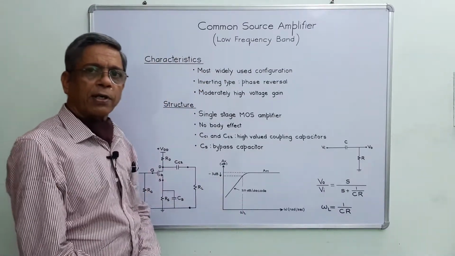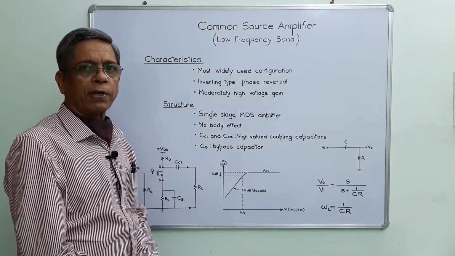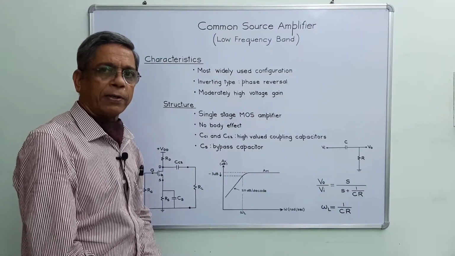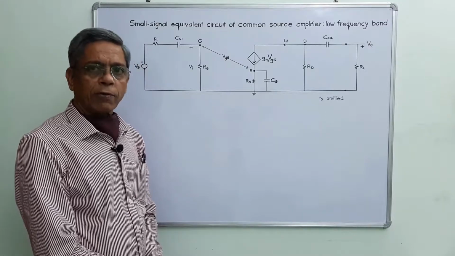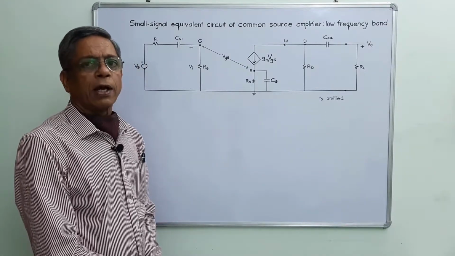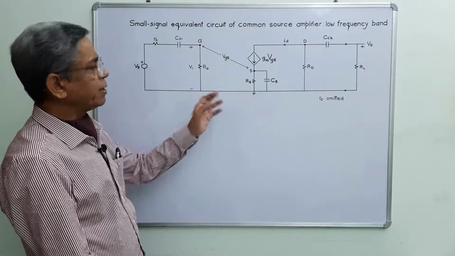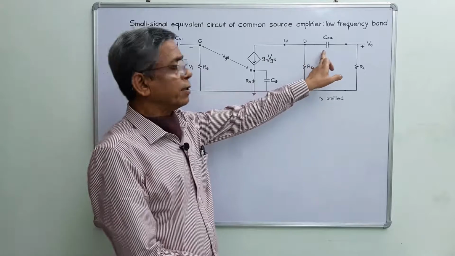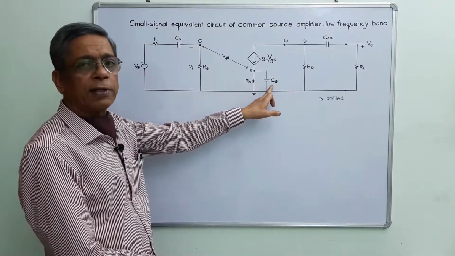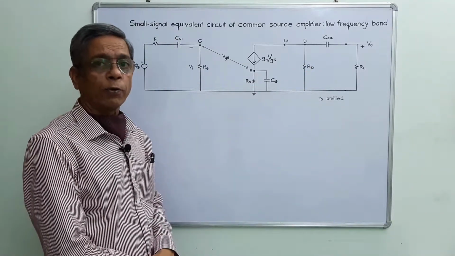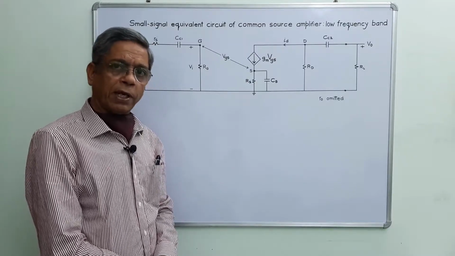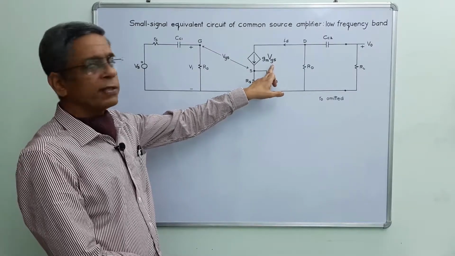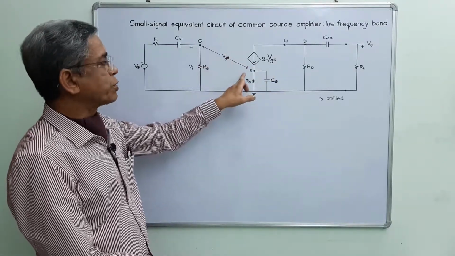On the next page, I'll be discussing a small signal equivalent circuit for common source amplifier at low frequency band. This equivalent circuit shows the presence of coupling capacitors CC1 and CC2 and bypass capacitor CS, because these three are effective at low frequency band and don't behave as a short circuit. This is the voltage controlled current source, and VGS is the potential difference between gate and source terminal.